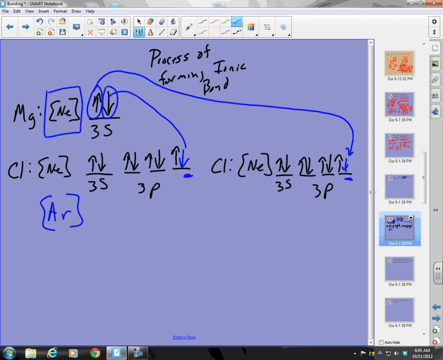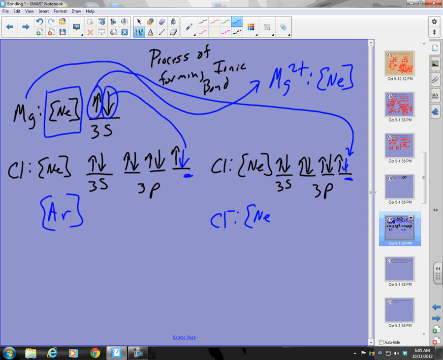And now, what do you notice? Here's my magnesium. It is now a 2 plus, and it has a neon core. My chlorines become chlorides. They have a negative charge. It's no longer neon, right?